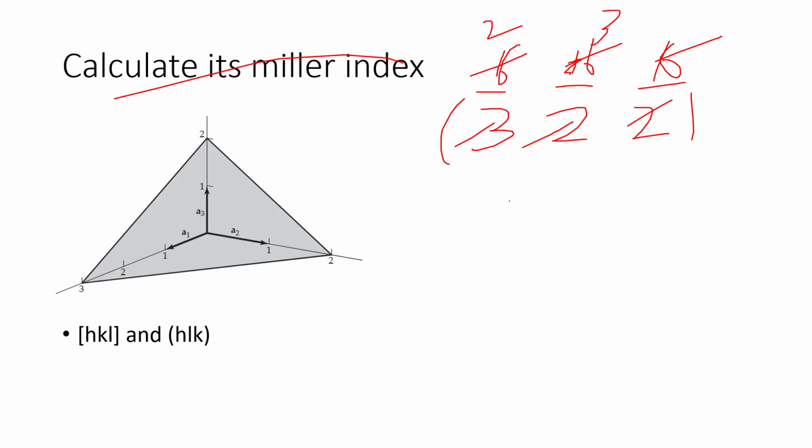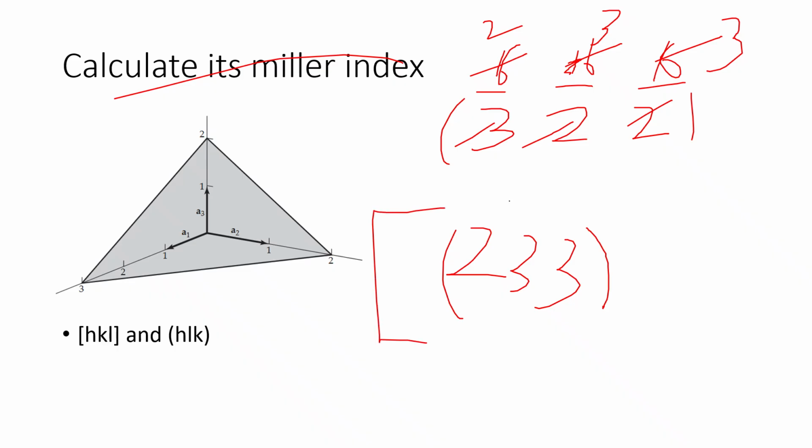So its Miller index is 2, 3, 3. If you enclose it in normal parentheses, it is a plane. If you enclose it in square brackets, it is a vector, and the vector is always going to be perpendicular to the plane. This much vector algebra you must know, I think. Even if you don't know, it's no big deal. It will just take 3 days to learn the whole vector algebra. Okay, I don't want to discourage anyone.